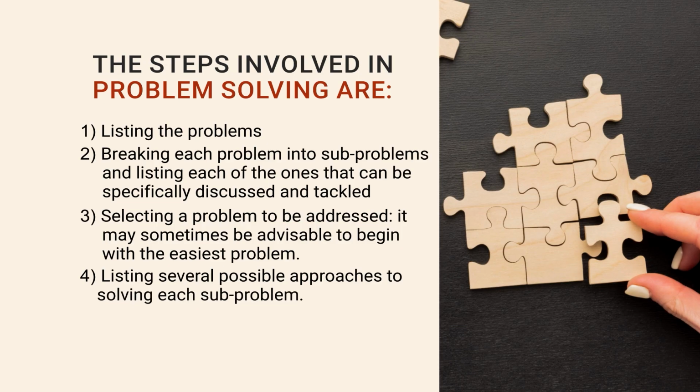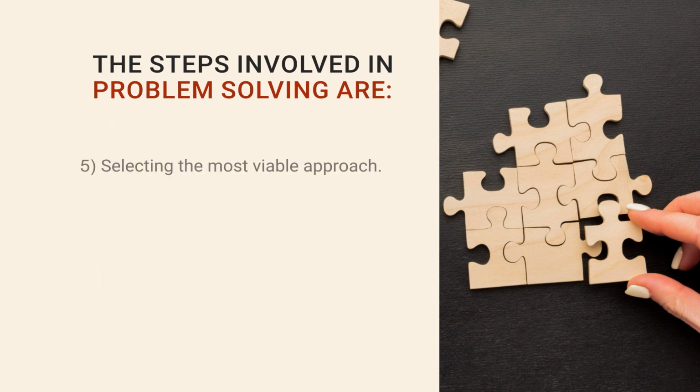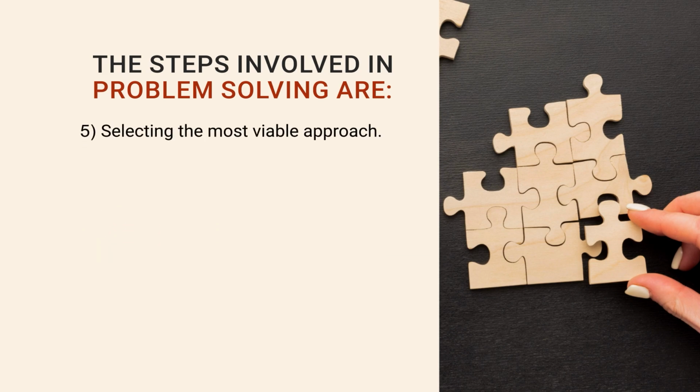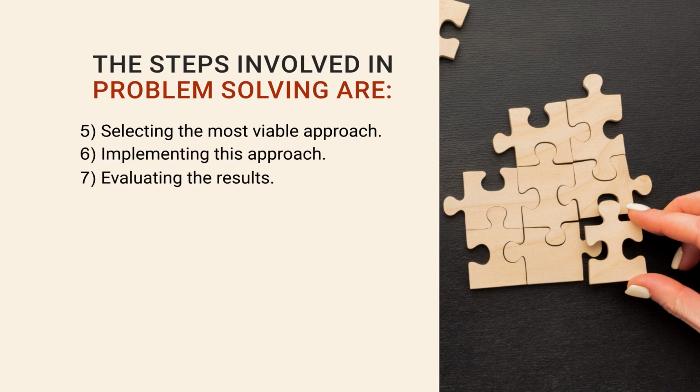Listing several possible approaches to solving each sub-problem would be the next step. Selecting the most viable approach. Out of all the possible options, the counselor will help you to select the most viable or doable approach. The next step would be to implement this approach.